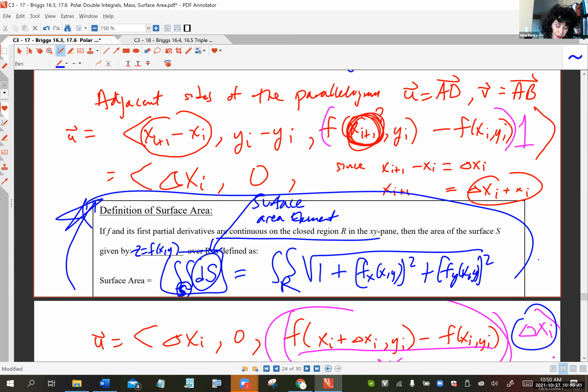And then you put dA out here, the regular area element, like dx dy or dy dx, or if you're doing polar, r dr d theta. And then hopefully that integral is integrable, because sometimes if you get a hellacious looking square root, it might not be.